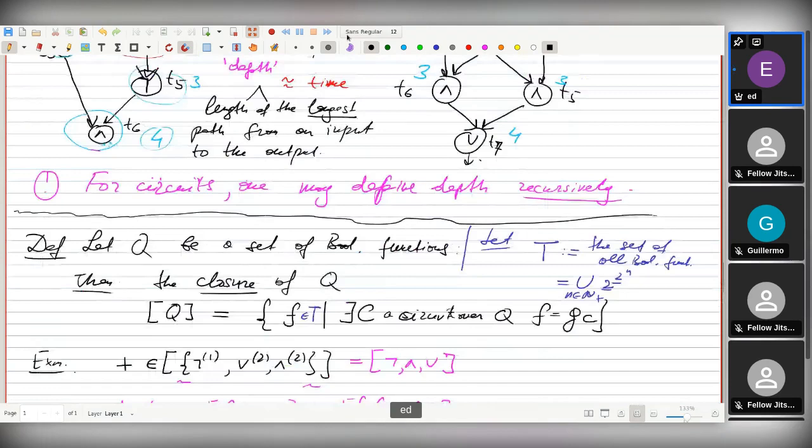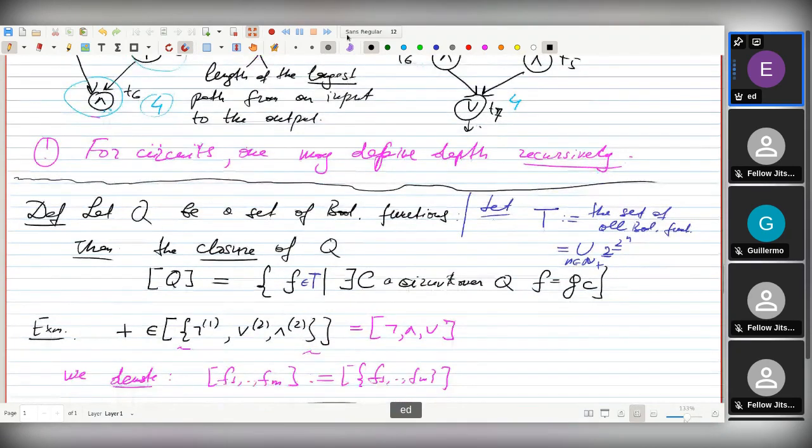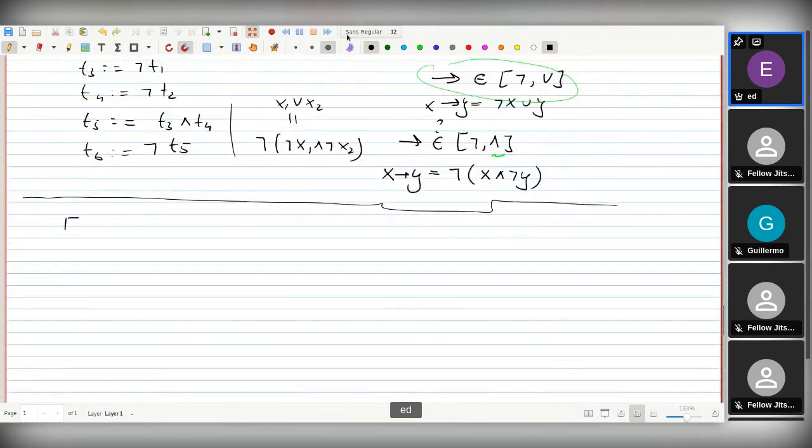We have defined that T stands for the set of all Boolean functions. But what is the closure of T? Which functions can we obtain by using all functions?